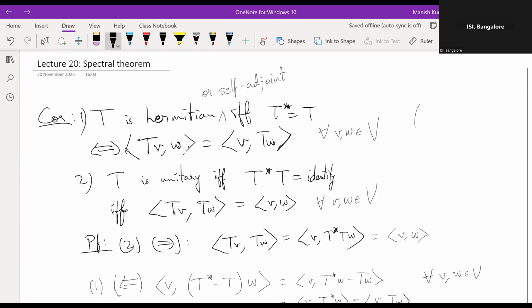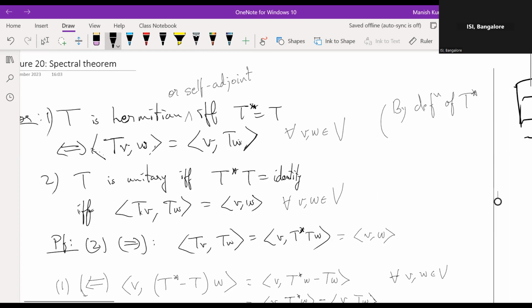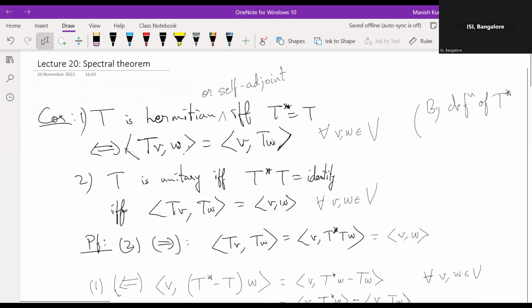by the definition of T star, we have TV comma W is the same as V comma T star W, right?